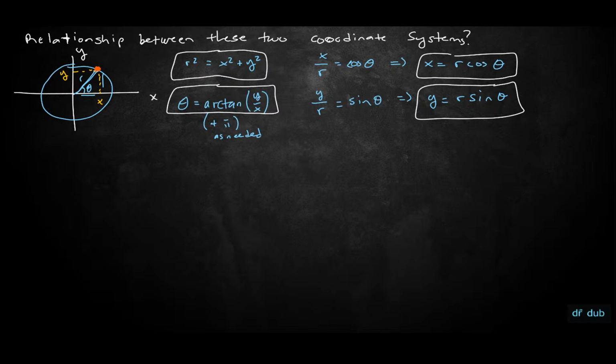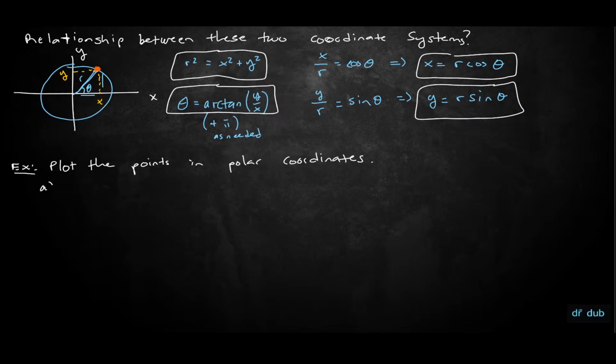So I just want to plot a few points here in the polar coordinate system just to get an idea of where they are. So example, plot the points in polar coordinates. So we're going to assume that these points are polar coordinates.